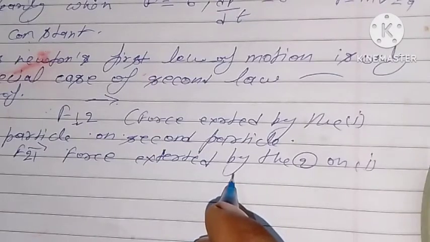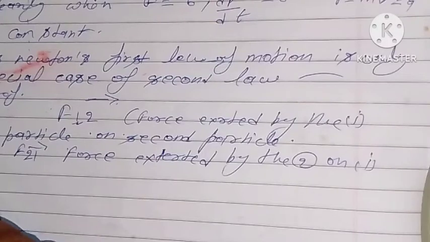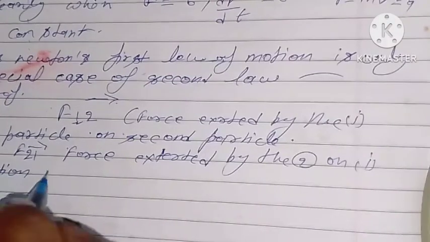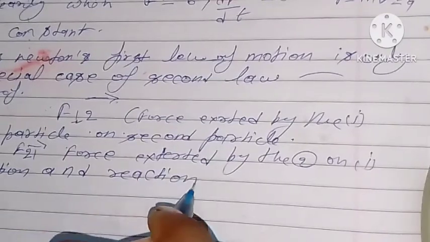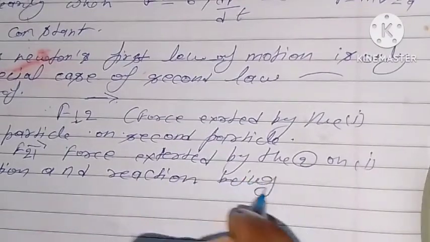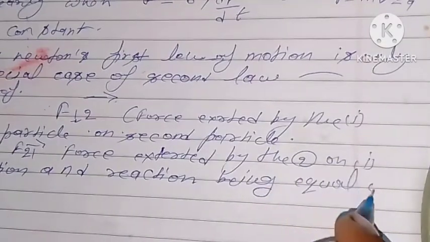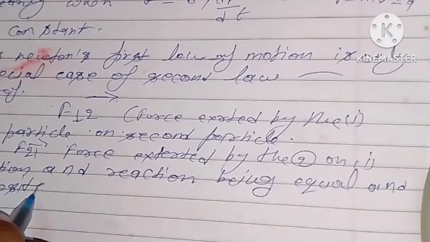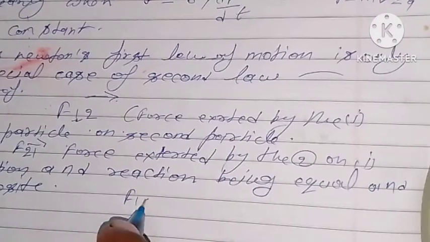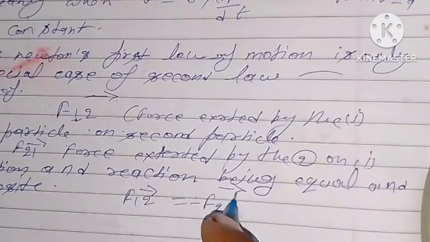Then according to Newton's third law of motion, action and reaction are equal and opposite. So vector F12 equals minus F21.